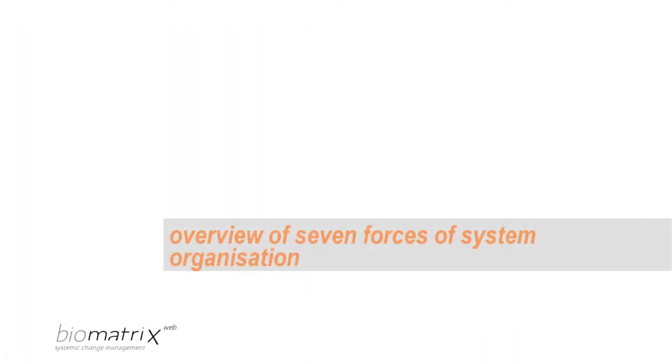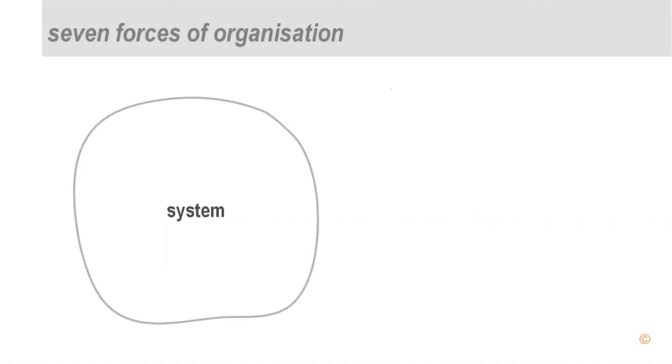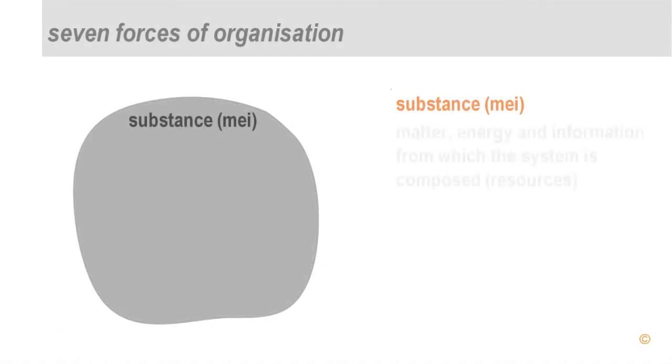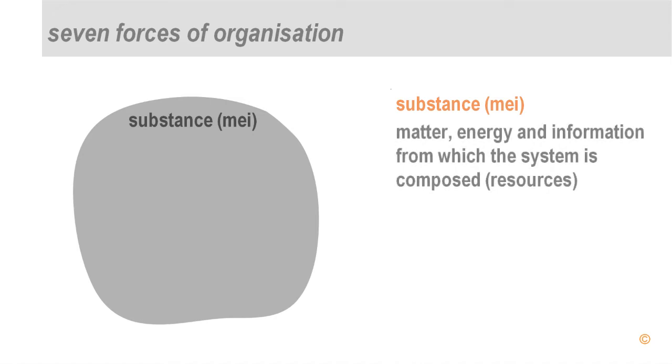We will look now at the 7 forces of system organization in overview. Every system has substance or matter-energy information, MEI for short. For example, my body has matter, energy, it moves, and there's information in it.